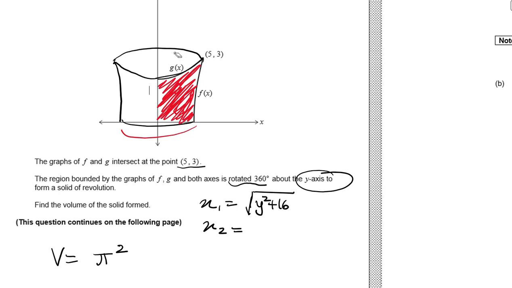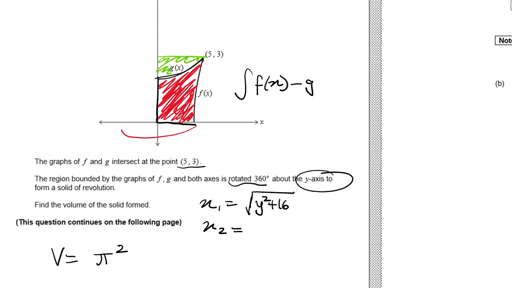I hope you guys understand what we're doing with y here. We have this shape, and we want this area, but how do we find that? We have to subtract the area under g of x. So the area under f of x minus the area under g of x. So basically this minus g of x.